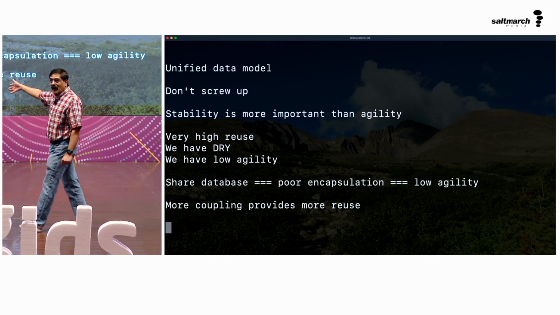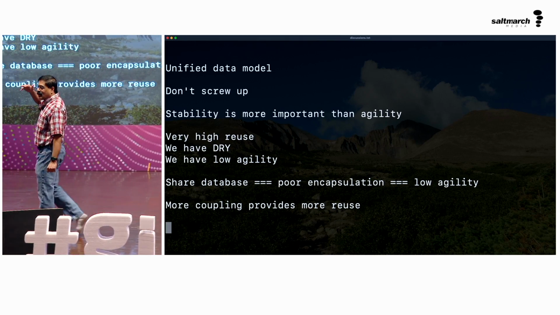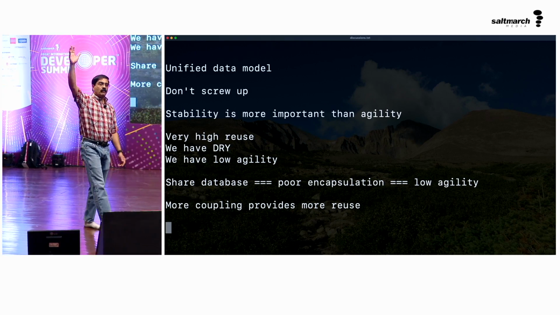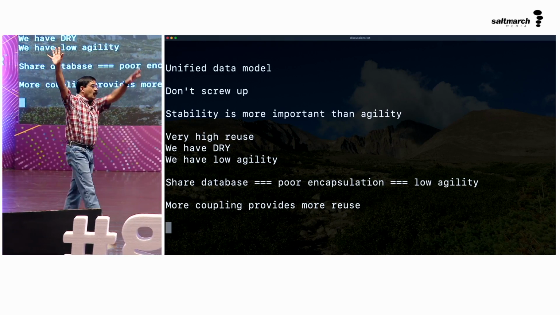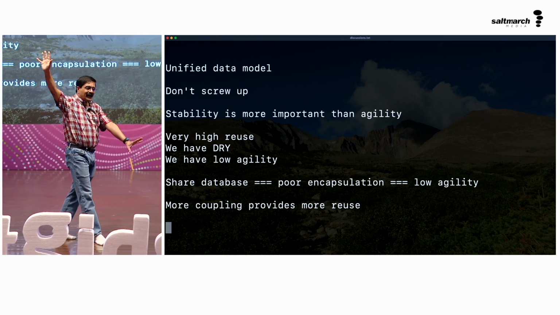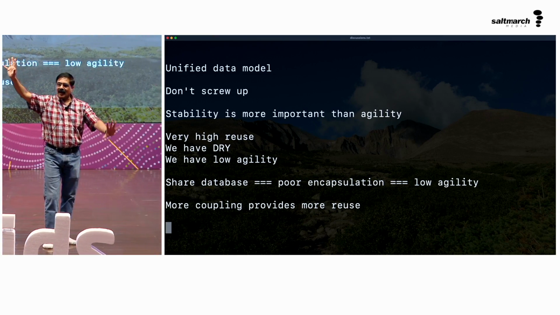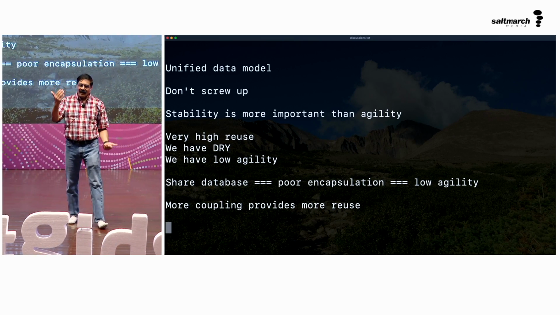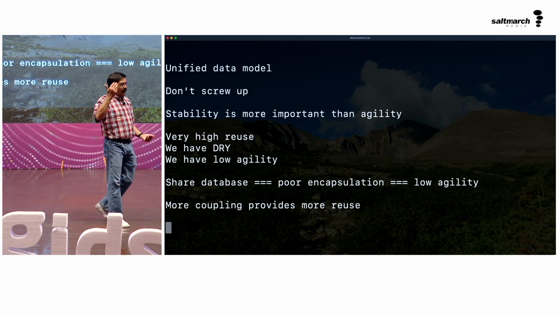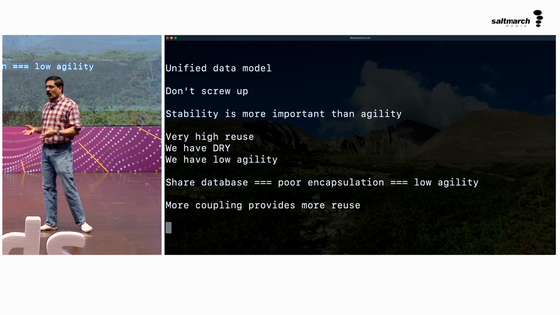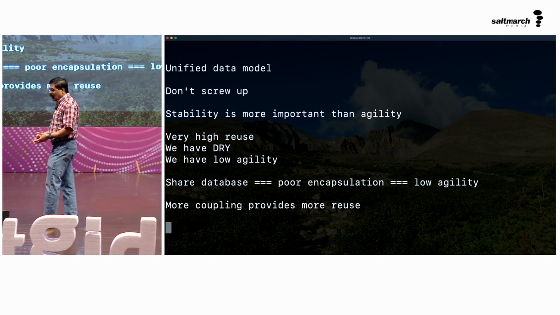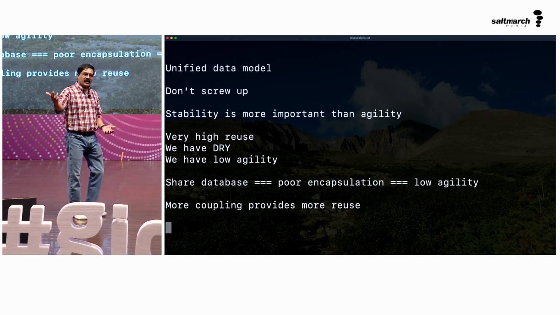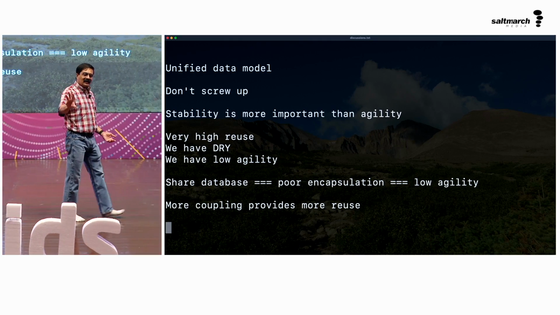But that is what we've been doing to ourselves: we don't think through these consequences. We are like, oh, I want more reuse. Do you want coupling? Oh, I want less coupling. But by definition, if you're reusing something, you need to couple to it. So you're increasing the coupling. So you cannot have one without jeopardizing the other. So don't think of these as switches. You're not turning on a switch and walking away. These are dials.